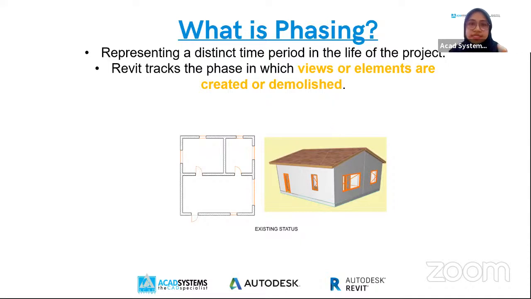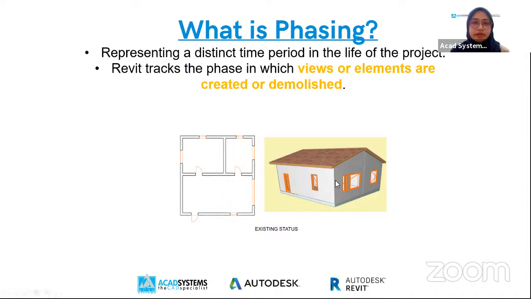For instance, in this GIF, you can see this is the existing phase. You can represent the existing phase drawing with a color, to show which is the existing and which is the previous one.